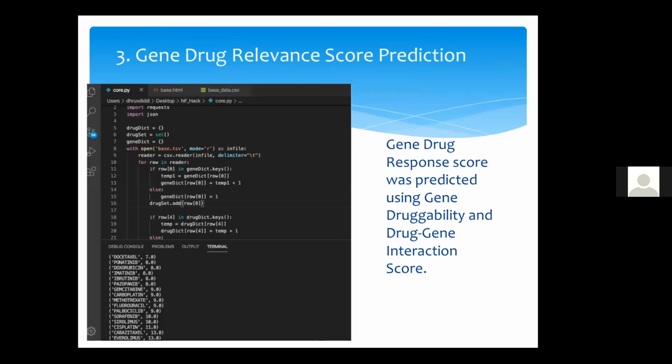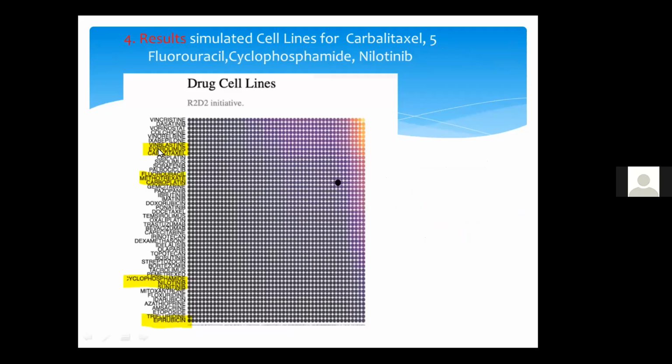Then we devised this gene drug relevance score, on the basis of gene druggability and drug gene interaction score. And finally, we got the results in which we have very well predicted the response for 5-fluorouracil, methotrexate, cyclophosphamide, and epirubicin, according to the pre-existing cell line data for drug screening that was given to us, and also nilotinib.